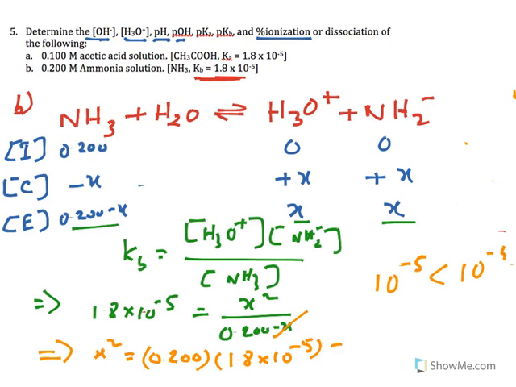Taking square root, we get our x value as 1.897 times 10 to the power of negative 3 molar. Now that is exactly the concentration of our H3O plus ion.